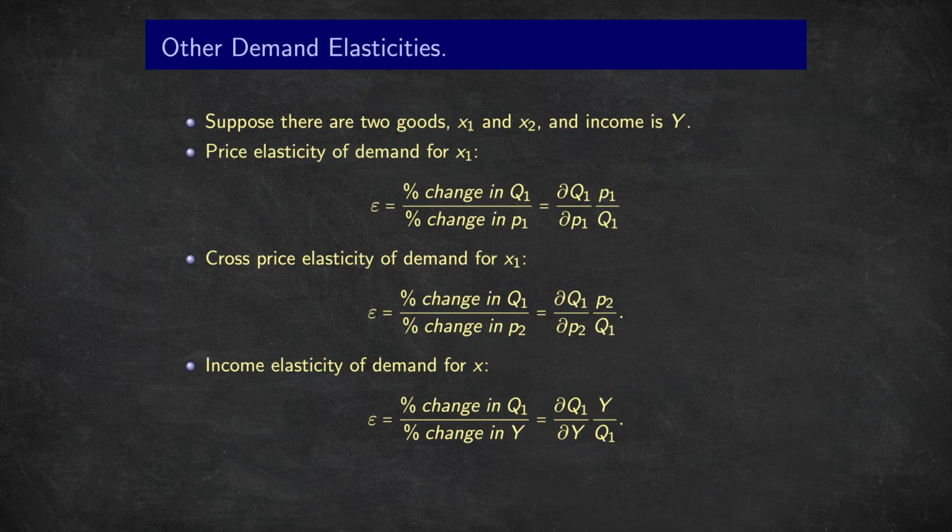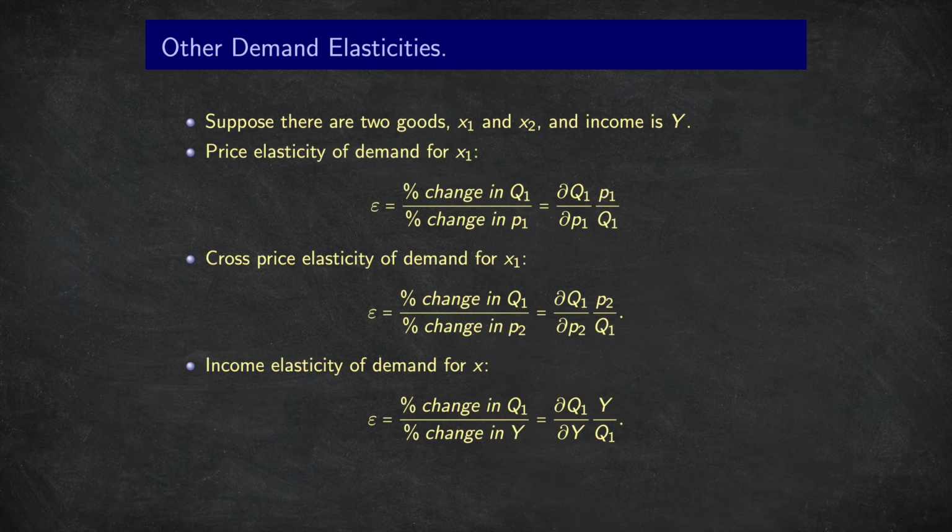Now, whereas we expect price elasticity of demand to be negative, this cross-price elasticity need not be negative. For instance, if the goods were substitutes, if the price of one good goes up, you may buy less of it, and you may buy more of its substitute, in which case this number would be positive.